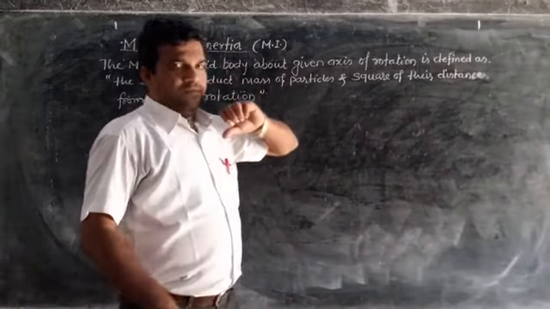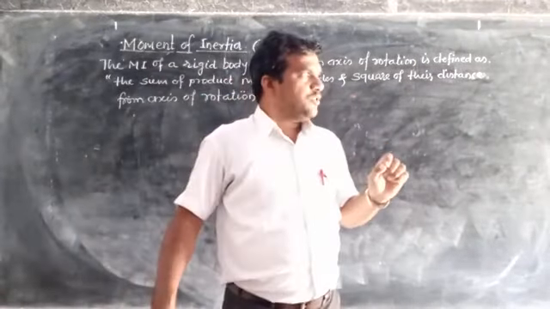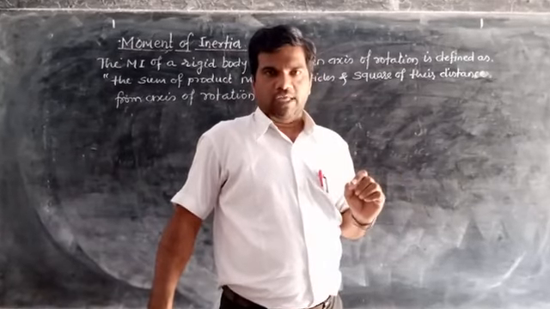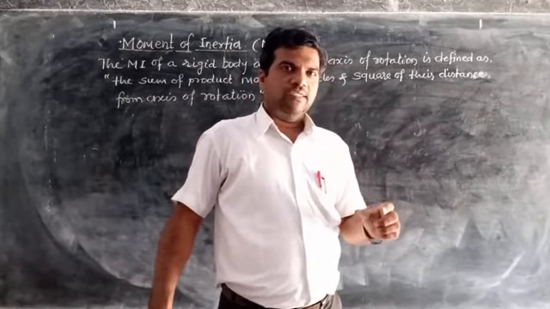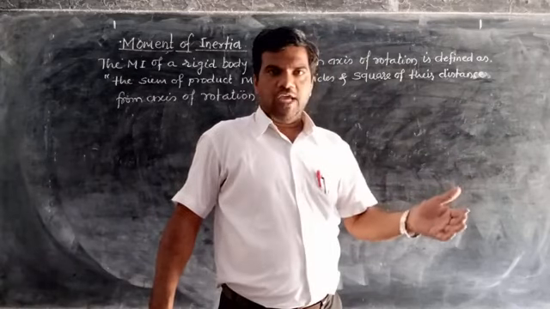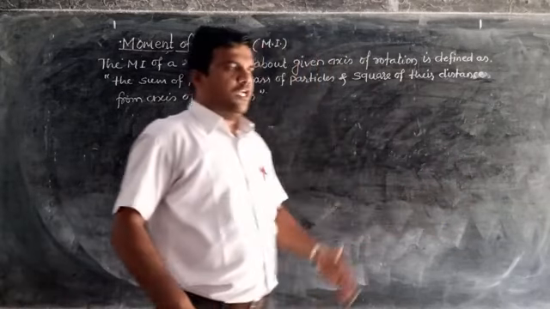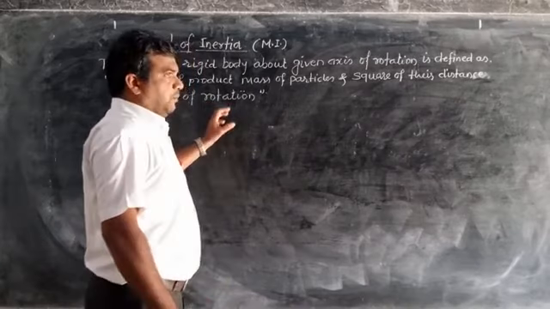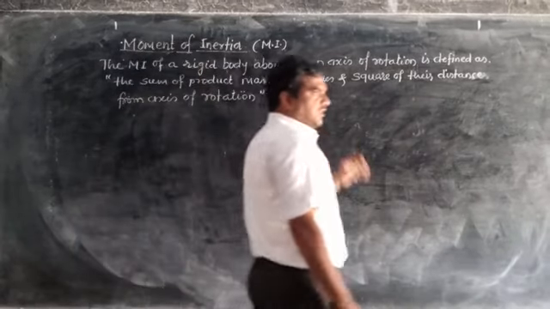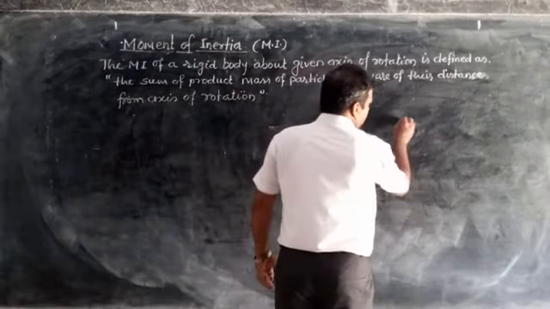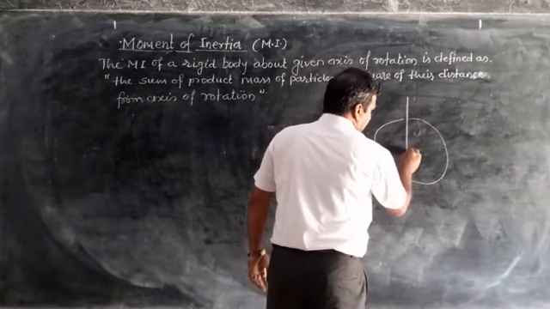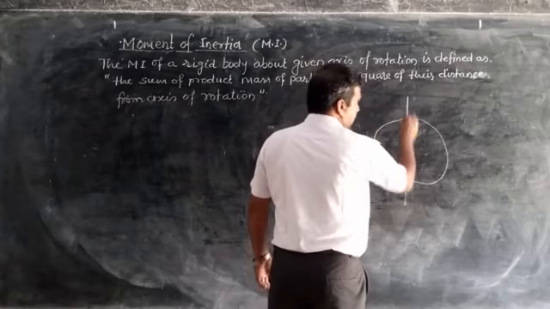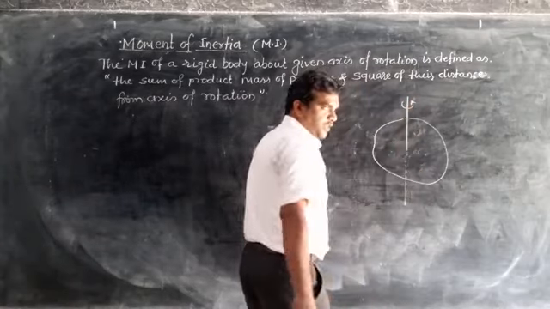In linear or translational motion, this inertia is known as the mass of the body, whereas in rotational motion, this property of inertia is known as moment of inertia. So what is moment of inertia? We can explain it by using a rigid body. Suppose this is a rigid body, and this rigid body is rotating about this axis. Suppose this is the axis of rotation.